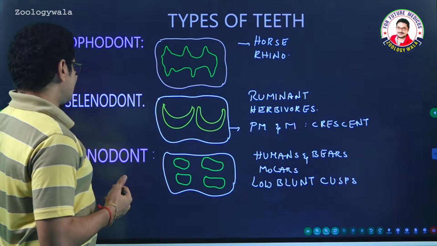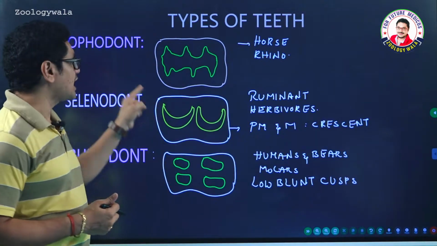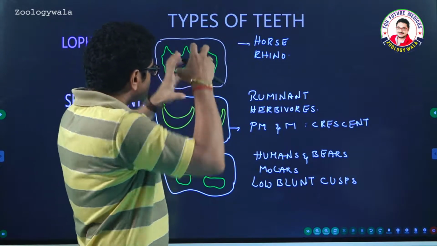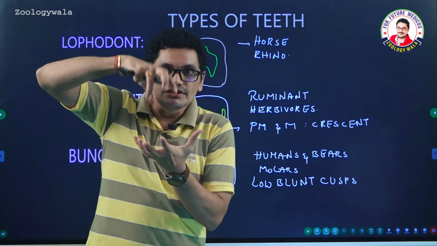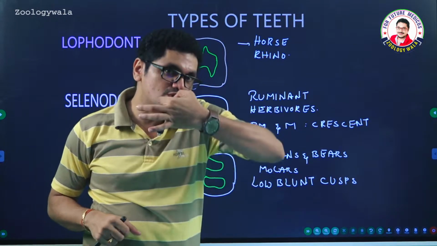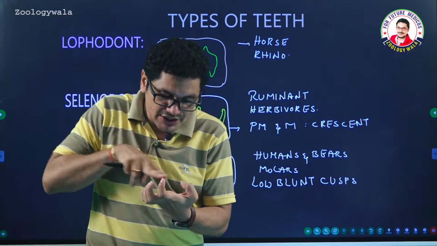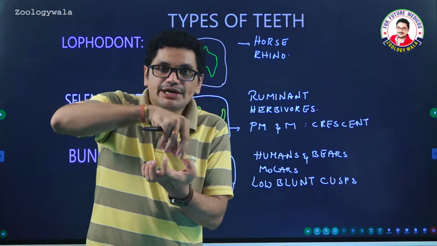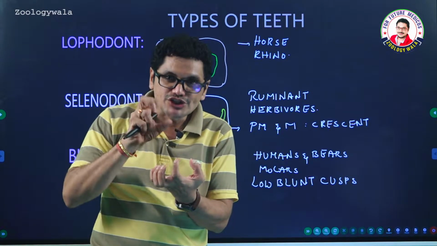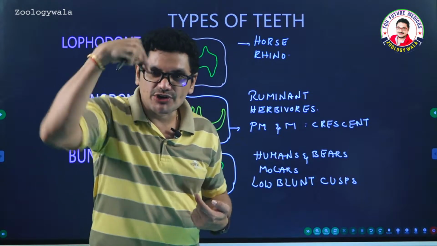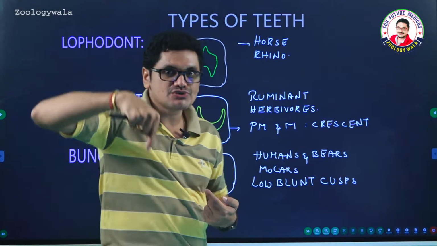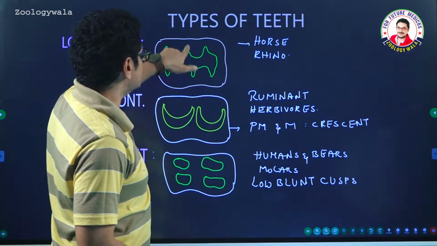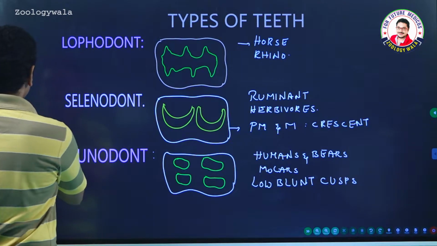The first type of teeth is lophodont. Here you can see the upper portion of the tooth. If you remove one tooth and look at the upper, visible portion, you can see the depressions over the tooth which are useful for chewing.